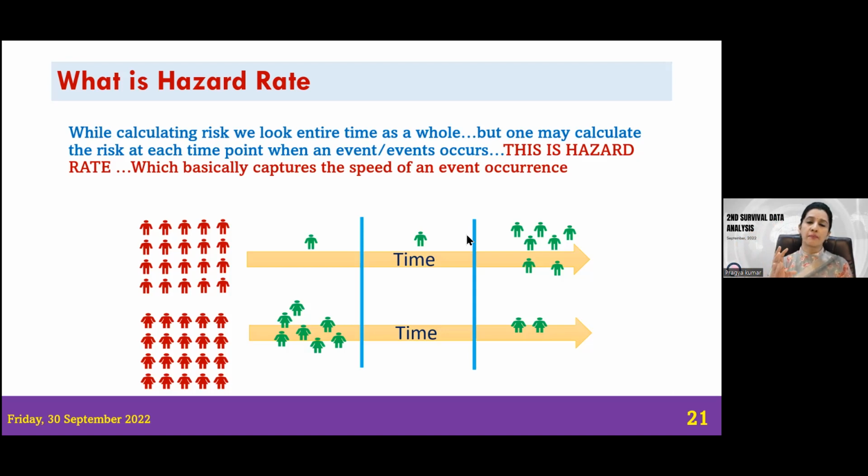Deliberately, I have not mentioned any mathematical formula here, because most of us are medicos, and we don't have much of a knack for, especially, the calculus part.